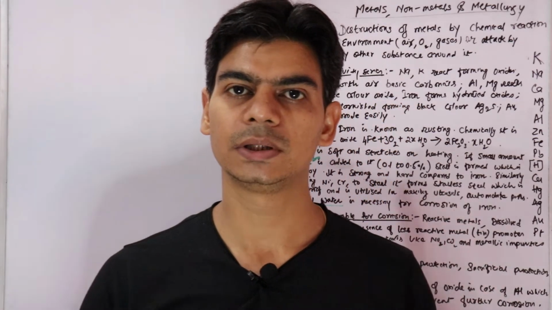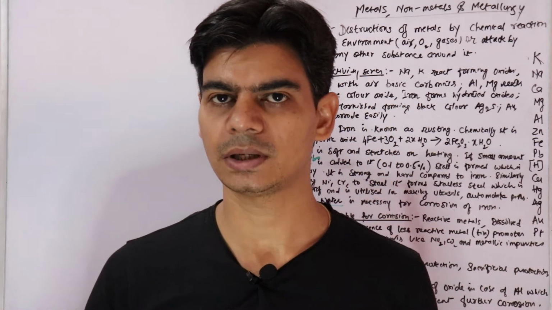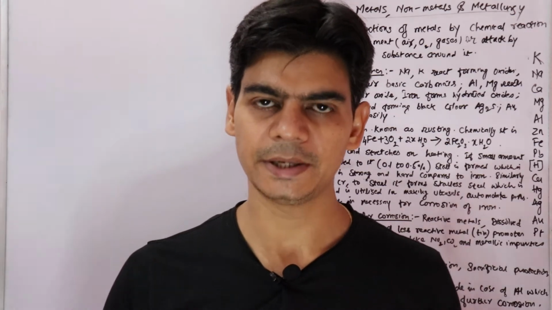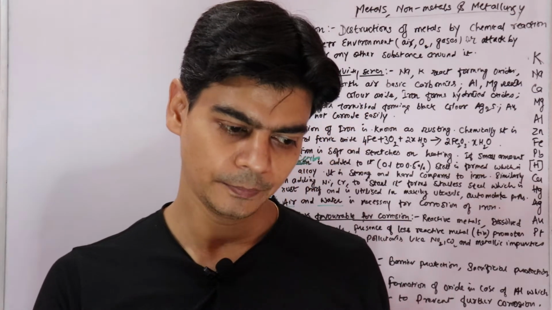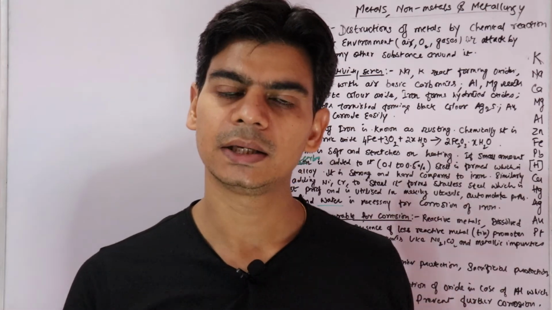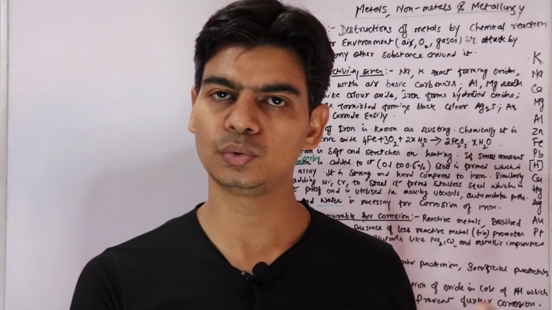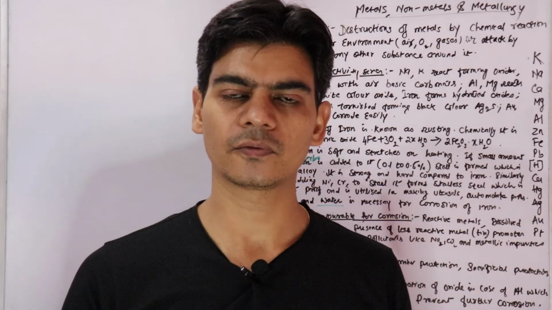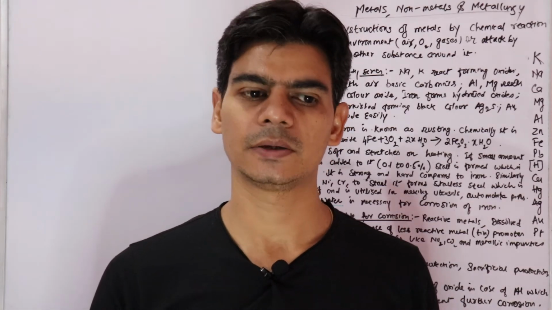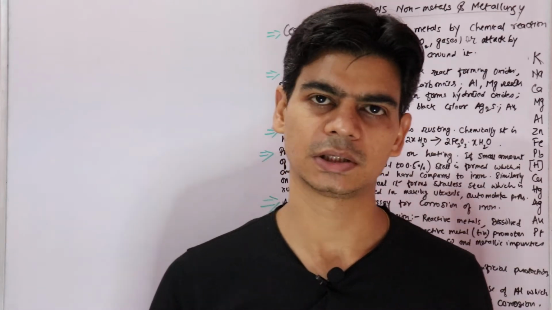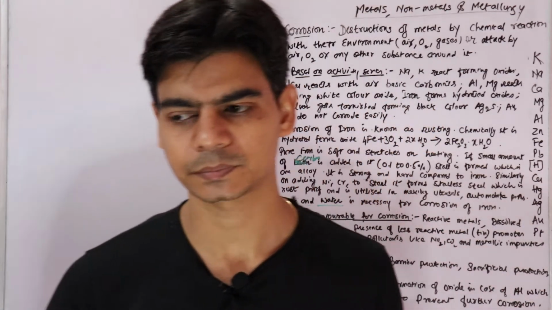If we have coated iron with tin, and tin is less reactive than iron, and there is a scratch on this plating of tin, then iron will again start reacting because the iron will get exposed to the atmosphere. Then instead of tin, which is less reactive, it's iron that will again start reacting and will start getting rust again.